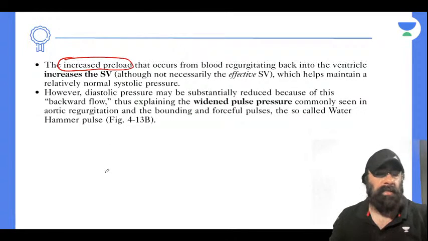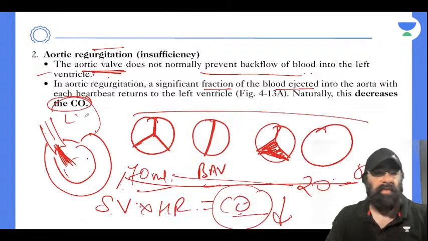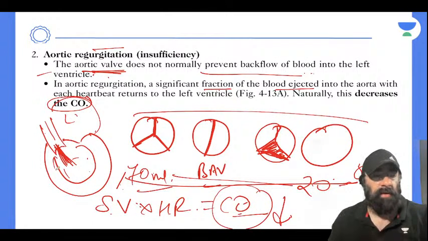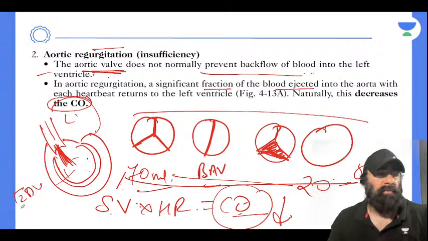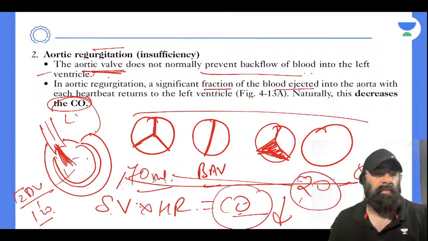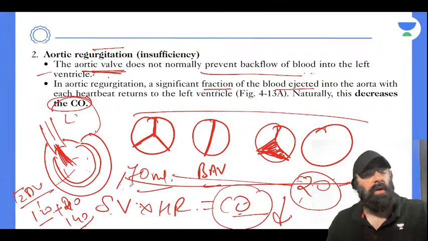Increase in preload means because of this leakage, जो next time आपके ventricle में blood volume है, end diastolic volume, which should have been 120, now it has this 20 ml which is regurgitated back, so it will be 120 plus 20, which is 140. So 140 ml यहाँ रह गया, so ये क्या करेगा? प्रीलोड बढ़ा देगा.